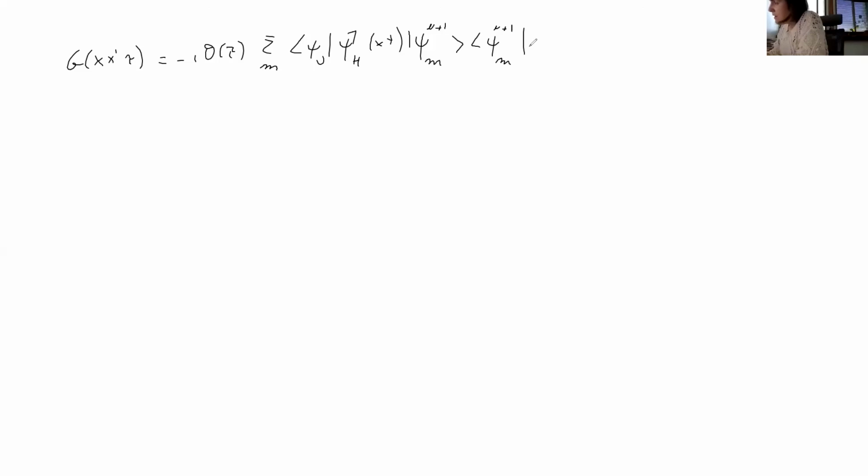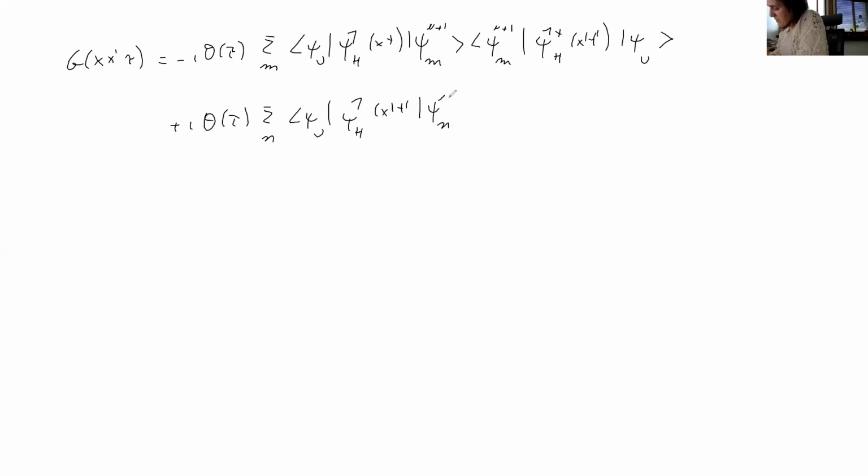So we have this, then we have psi 0, and then I have the same thing here. I don't need to go into too much detail because you will have your lecture on this.